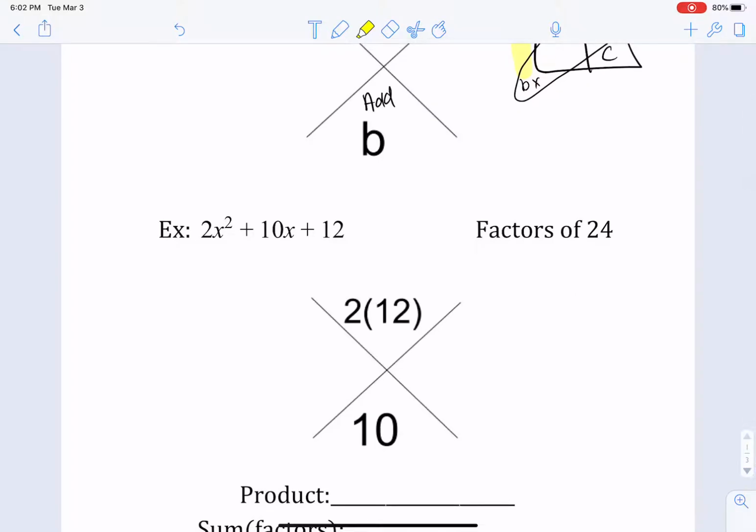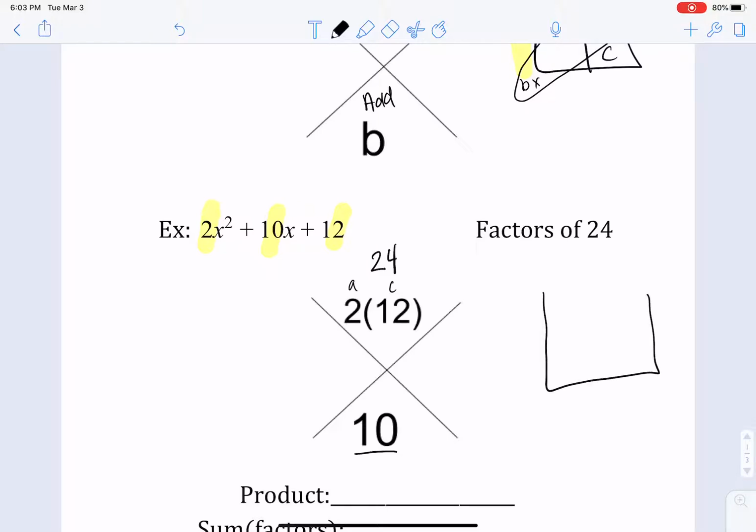We have an A value of 2, a B value of 10, and a C value of 12. So the first thing we're going to do is take our A value of 2 and our C value of 12, and we're going to multiply those together, and that makes 24. And then our B value is 10 here. So we're looking for factors of 24.